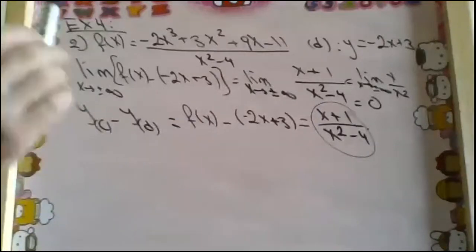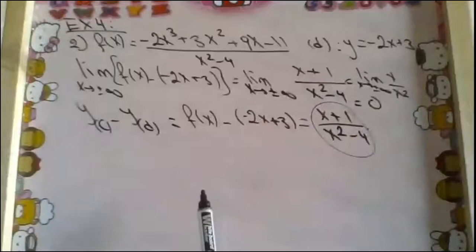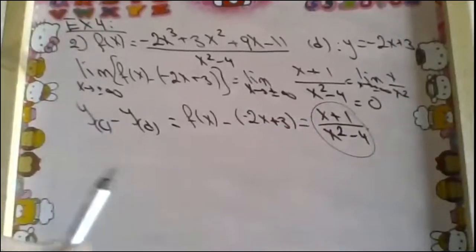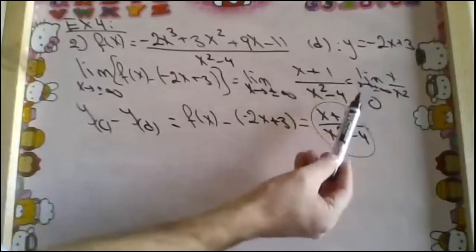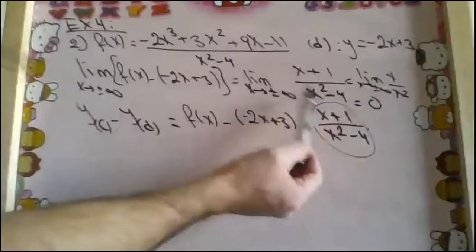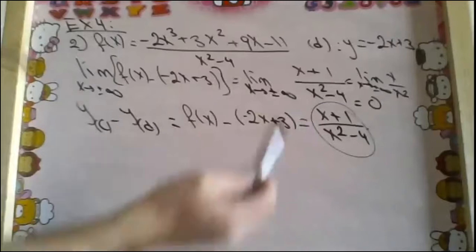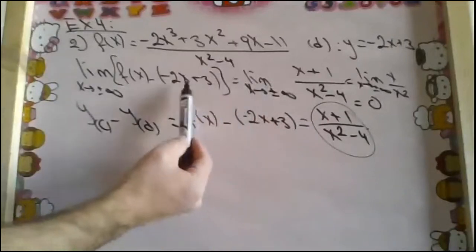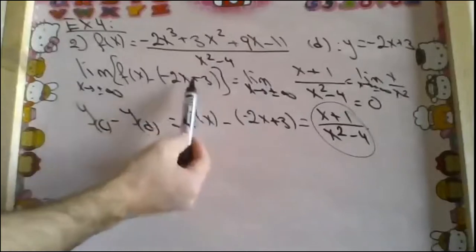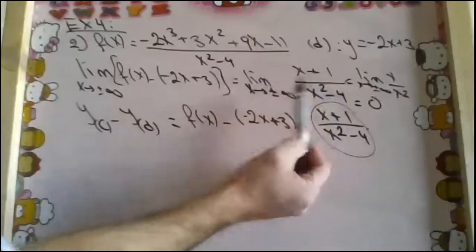Yesterday I said, don't consider x over x squared here, because we are finding a limit at infinity, so we consider the highest exponent. But in order to study the relative positions, you just consider the simplified form of f of x minus the equation of the line, which is x plus 1 over x squared minus 4.